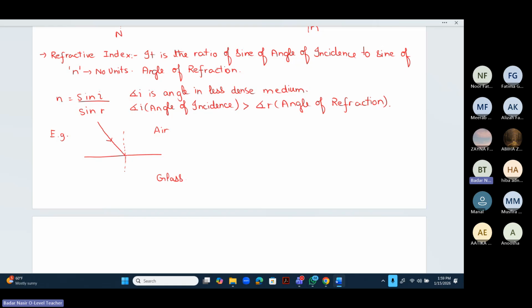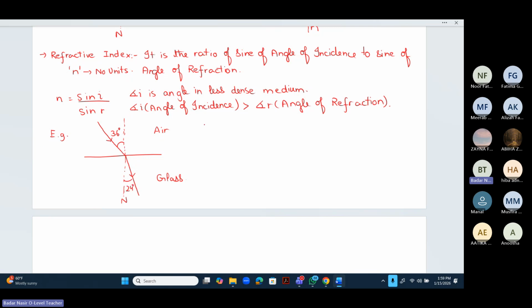Okay? And when the light ray travels from air into the glass, this is a normal line. So let's say it makes an angle of 36 degrees, and when it travels into the glass it makes an angle of 24 degrees.